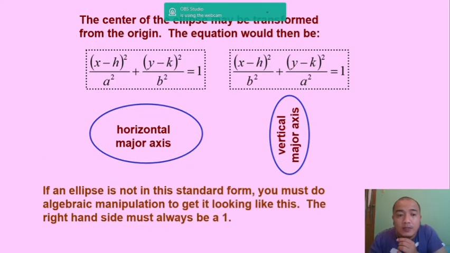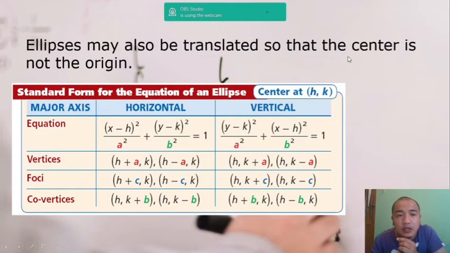Okay, if an ellipse is not in the standard form, you must do algebraic manipulation to get it looking like this. The right hand side must always be 1. Yun, dapat 1 always dito sa right hand. Ellipses may also be translated so that the center is not the origin. So yun nga, equation of the ellipse with center at (h, k).